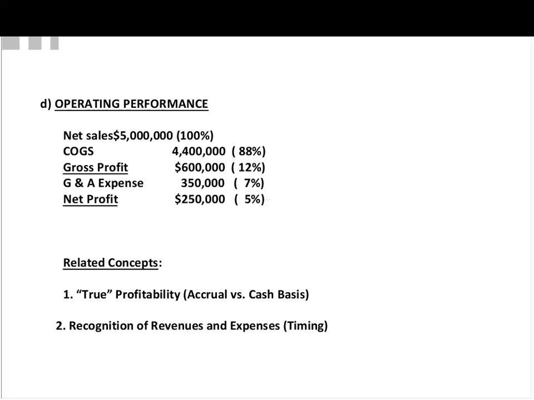G&A, general administrative expense. The two major calculations we would look at on this are the 12% and the 5%. I would circle the 12 and I would circle the 5%. Gross profit margin and net profit margin, 12 and 5%.